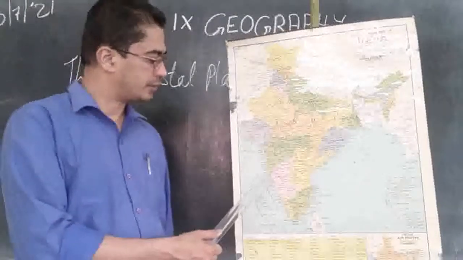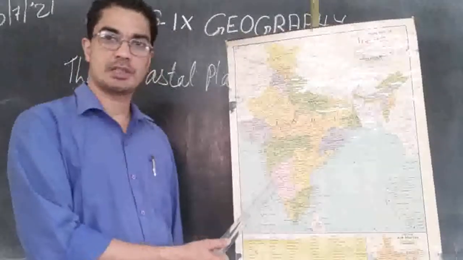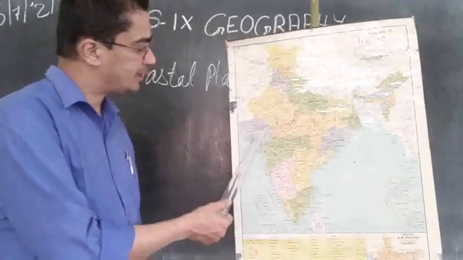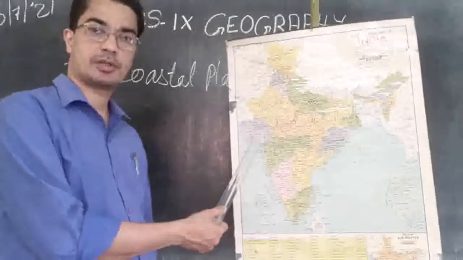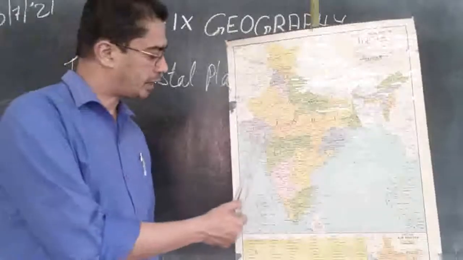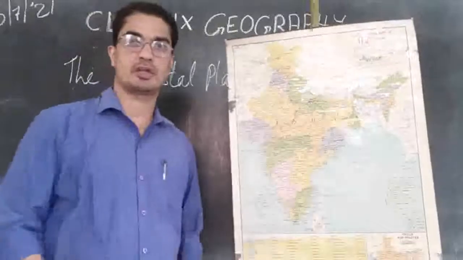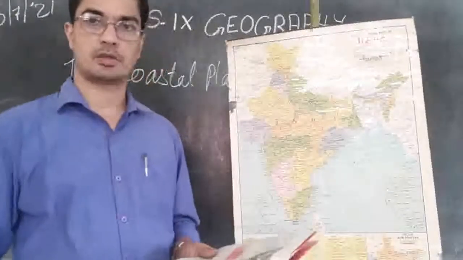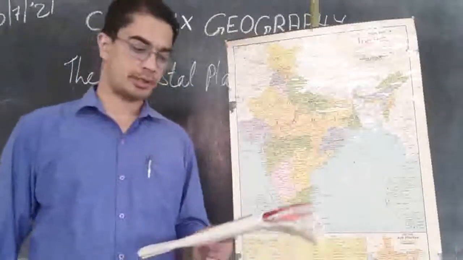Goa is a small state, near Maharashtra and Karnataka, and Mumbai is near the border with Gujarat. So from Mumbai up to Goa, this coastal plain is known as the Konkan area. We can underline Konkan. Between Mumbai and Goa is known as Konkan.